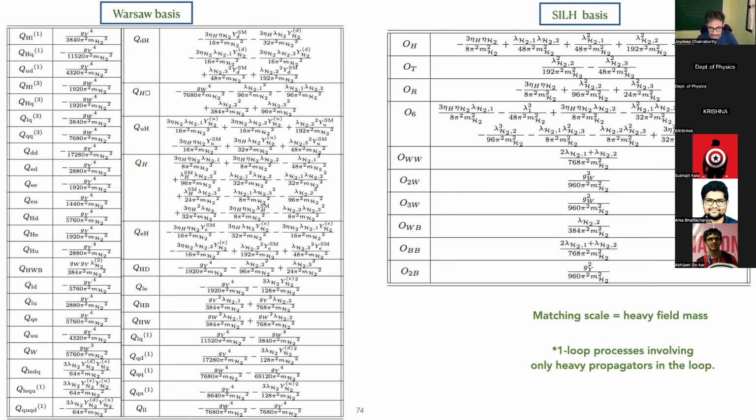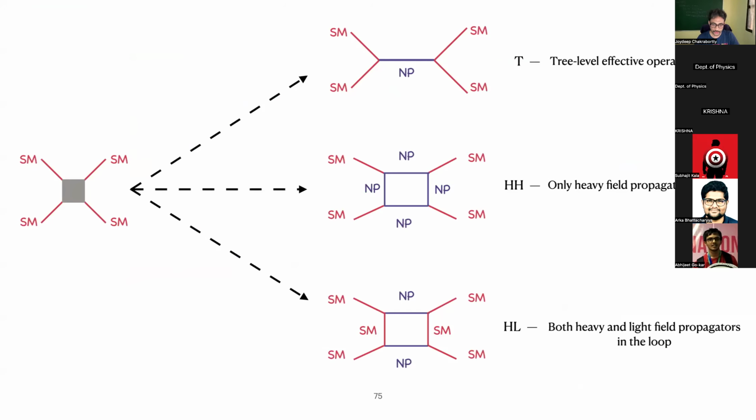The thing is, in the functional method, when you calculate, a priori you do not consider which one is heavy and which one is lighter.